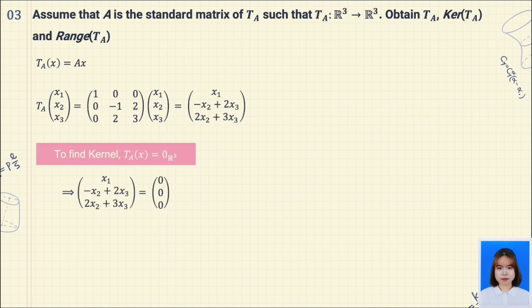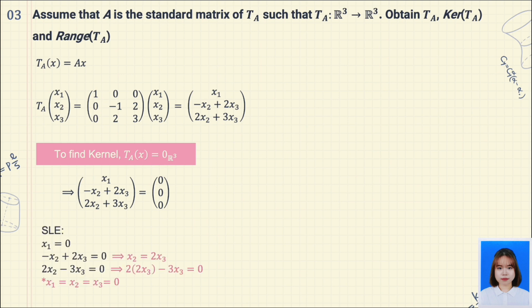To find the kernel of TA, we have to let TA(x) equal the zero vector of R cubed, which is 0, 0, 0. By using the system of linear equations, we can find that x1 equals 0, negative x2 plus 2x3 equals 0, and 2x2 minus 3x3 equals 0.